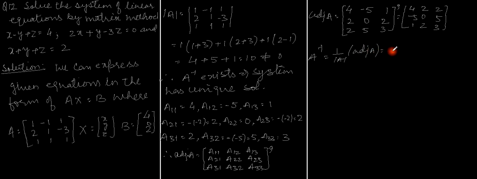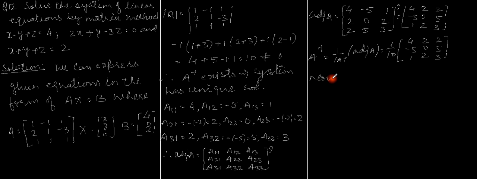Then we find A inverse, which is 1 upon determinant of A into adjoint A. So what is the determinant of A? 1 upon 10, and adjoint A is 4, minus 5, 1, 2, 0, 2 and 2, 5 and 3.